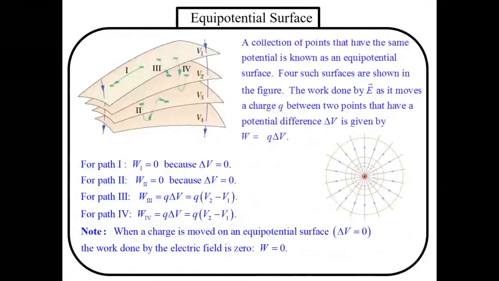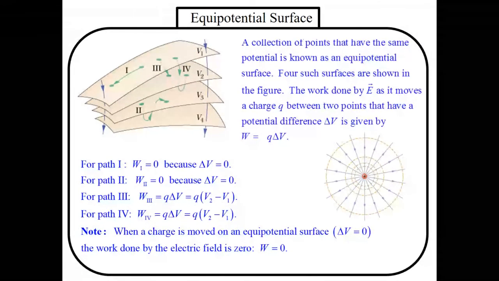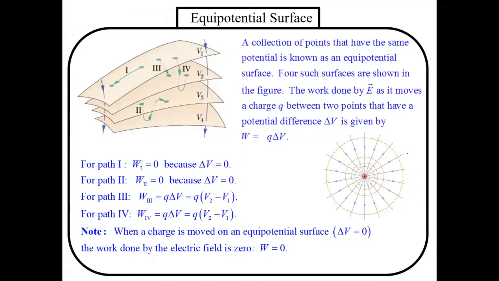For example, you can see this picture. Here I have a charge, and the blue lines are my electric field lines, and you can see the orange dotted lines. All these dotted lines are my equipotential surfaces. How many equipotential surfaces do I have in this picture? One equipotential surface, another surface here, another here, another here. So there are 4.